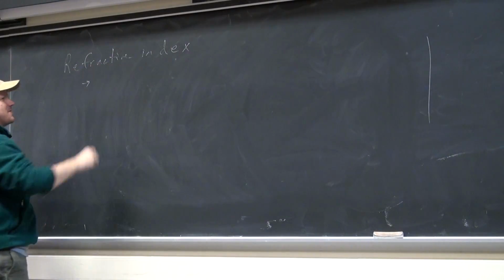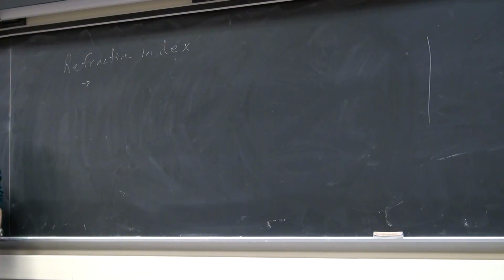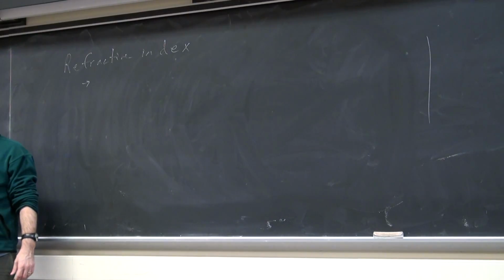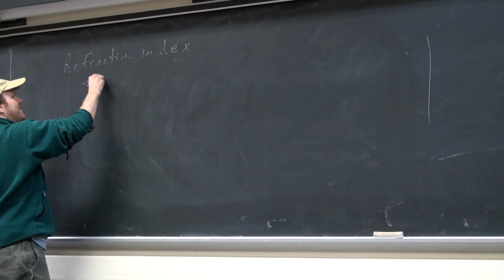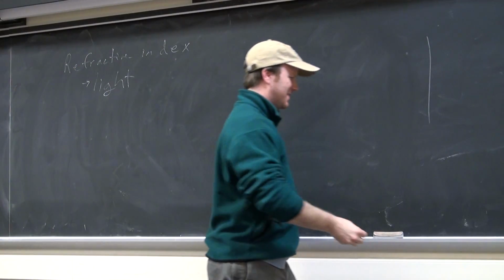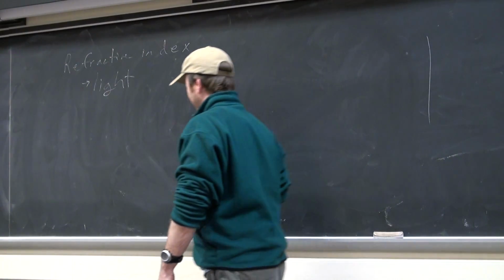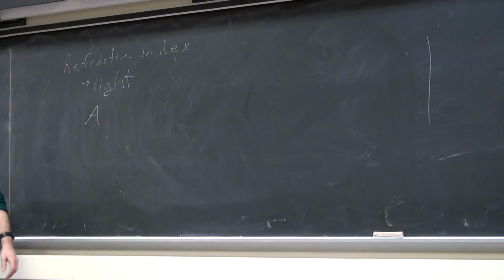Refractive index refers to, what do you use to make a refractive index measurement? Does anyone know? Light, right? So when you shine light on a material, what happens? Yeah, so it absorbs, what else?